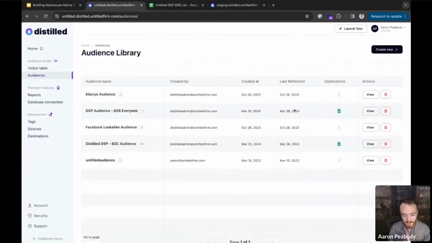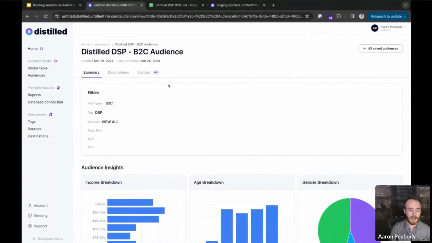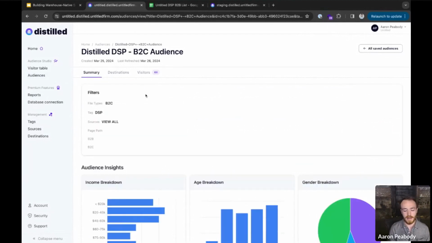Coming back to the audience side, going to the B2C audience, I can see that I have my little Google Sheets destination connected. Rolling into this, I can see when this audience was last refreshed, which was earlier today. I've got 68 people in it, and I've got Google Sheets connected. I tried to preload all of this, but I synced it earlier.